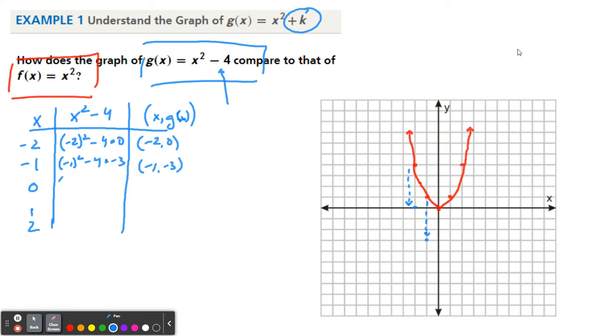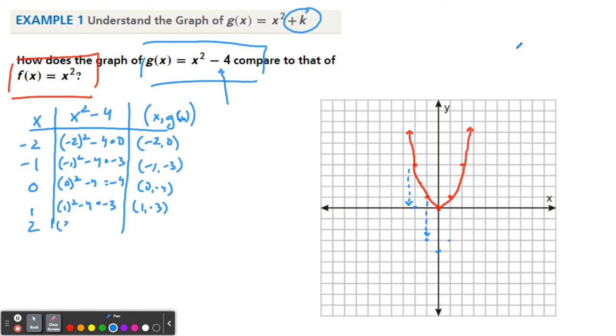Interesting. All right, we plug in 0. 0 squared minus 4 is 0 minus 4, which is negative 4. So 0, negative 4. Our vertex that was 0, 0 is now 0, negative 4. Again, down 4. Plug in 1. 1 squared minus 4 is also negative 3, so we do have that symmetry across the y-axis again. So 1, negative 3.